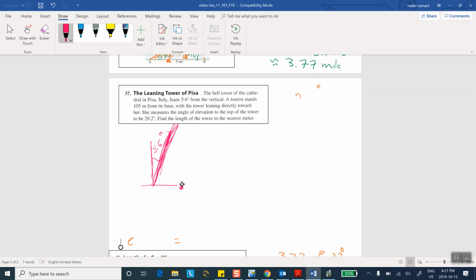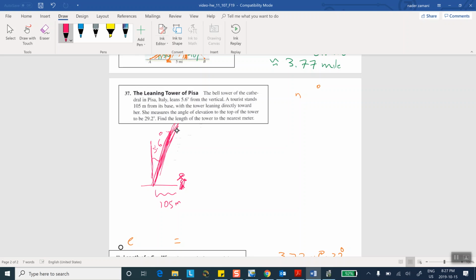So a tourist stands here, and this is 105 meters, with the tower leaning directly towards her. She measures the angle of elevation to the top of the tower to be 29 degrees.